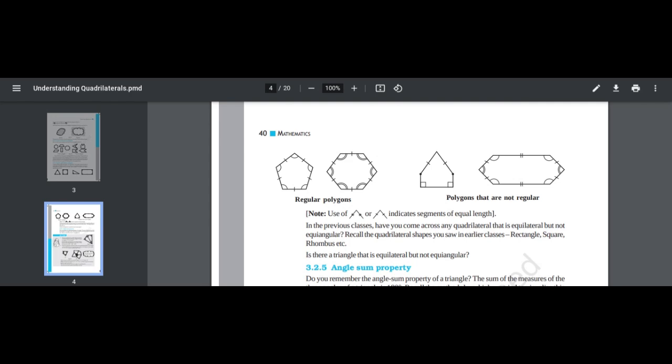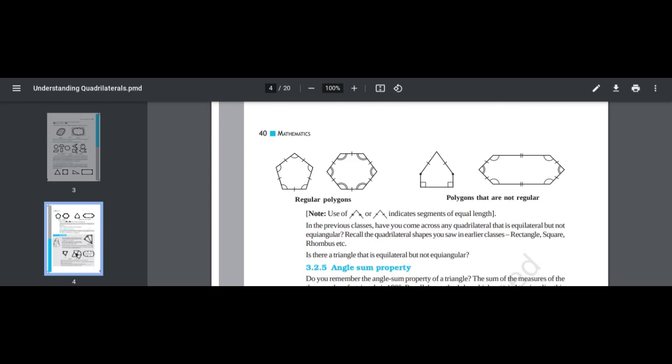No, we don't have any, because we have the equilateral triangle that is equilateral and equiangular, but we don't have any triangle which is the same in the sides but different in the angles. Because there is no triangle that is equilateral but not equiangular.